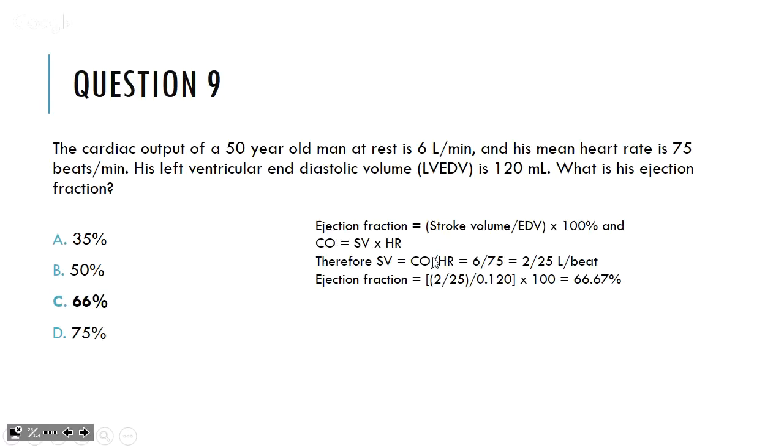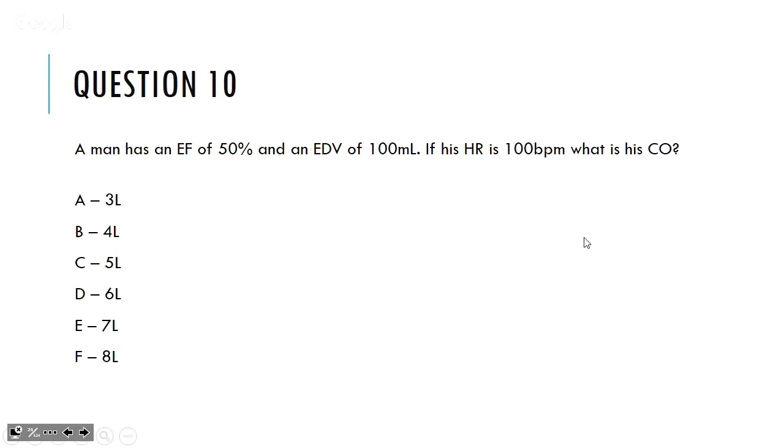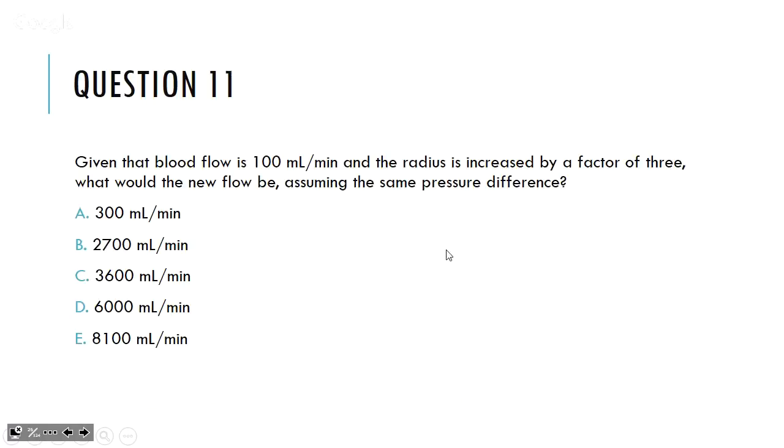Yep, C. So yeah, I'll go through the formula in more detail later, but ejection fraction equals stroke volume over end diastolic volume. And then you can work it out with the formula. It's just like a lot of maths. This is another maths question. You might skip it. And this is also a maths question. Do you want to pick someone else?